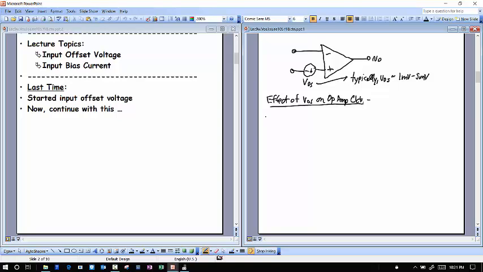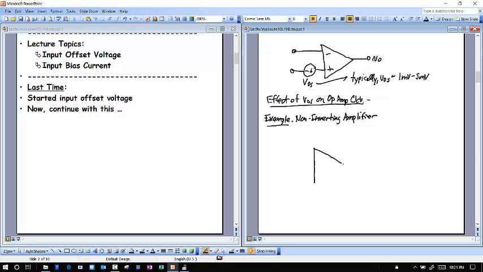Let's take the first example here. For the first example, we will take a non-inverting amplifier. So a circuit that you know well, except now we're going to model this op-amp using the circuit above, meaning we will include the offset voltage in its model.